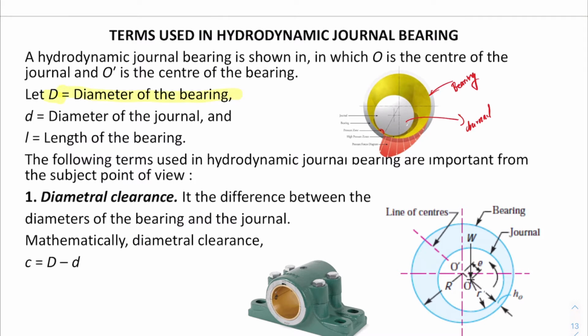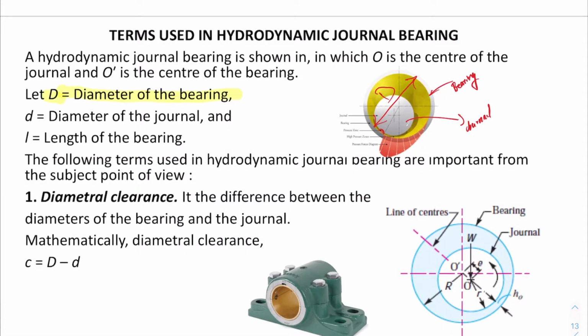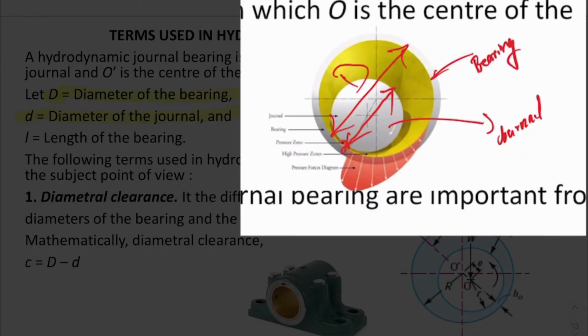Here I'm marking the entire diameter of the bearing, so we use capital D for that. The second is small d, the diameter of the journal. As I said, the journal means the portion of the shaft, that means the diameter of the shaft itself. So I can denote this as small d.